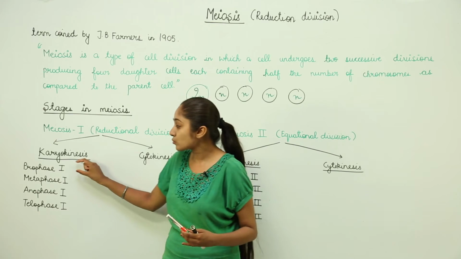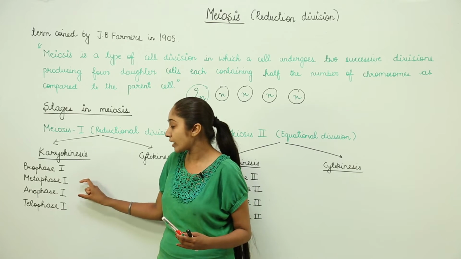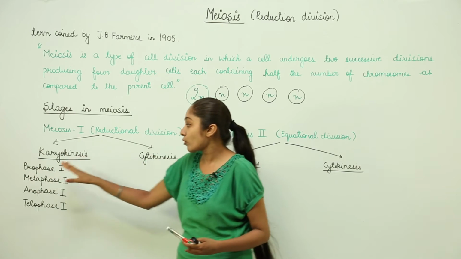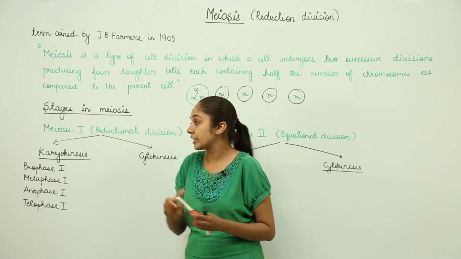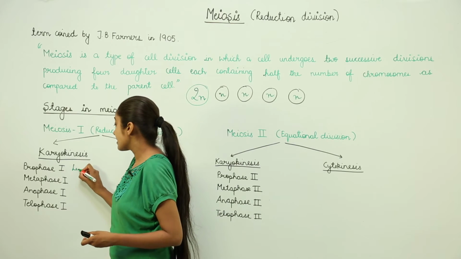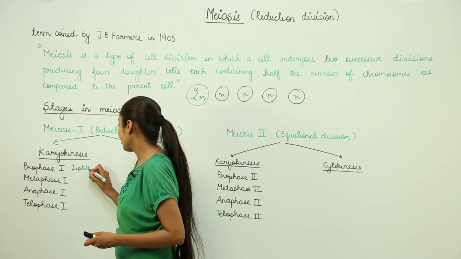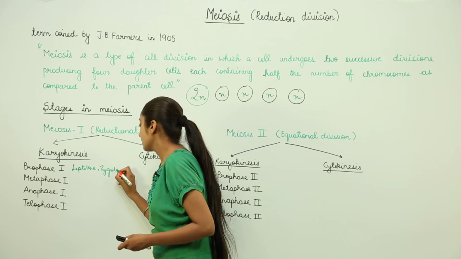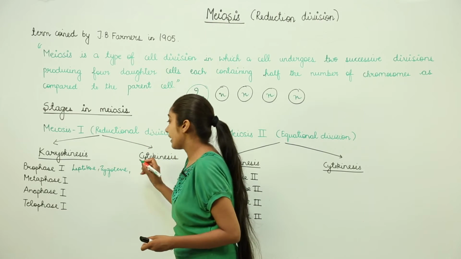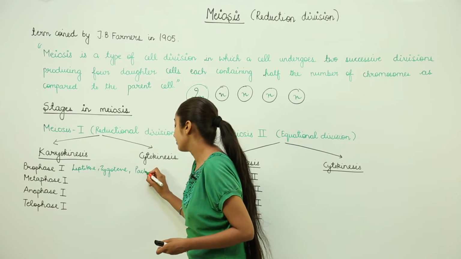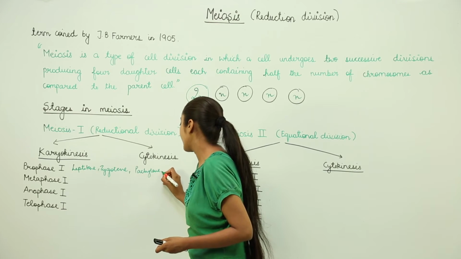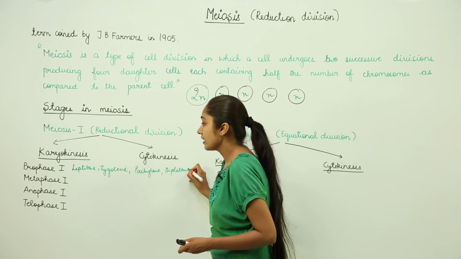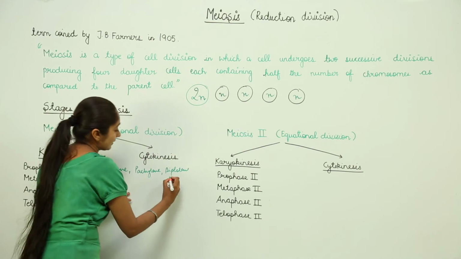So we have prophase 1, metaphase 1, anaphase 1, telophase 1. Now in this karyokinesis, in prophase 1 we have further substages that we call leptotene, then zygotene, then pachytene, then diplotene, and then diakinesis.